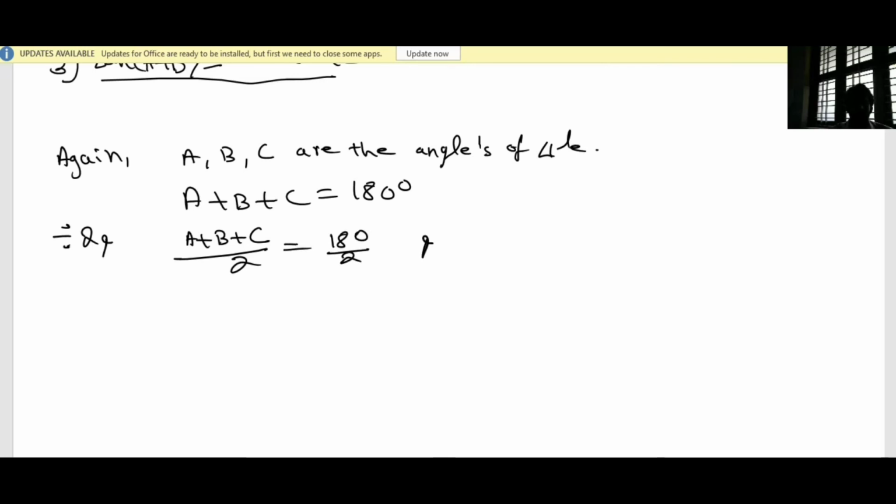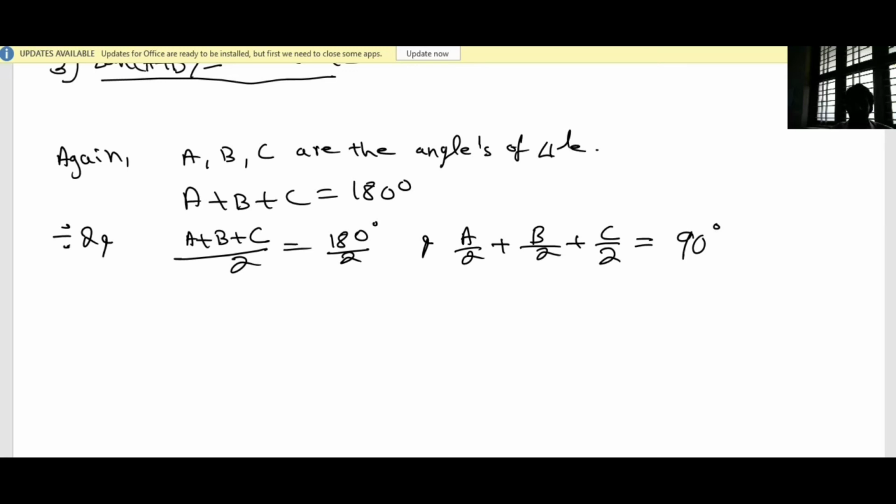You can write it as A by 2 plus B by 2 plus C by 2, right? Denominator same means you can add numerator directly. It's equal to 90 degree, right? 180 degree by 2, 2 ones are 2 90s.